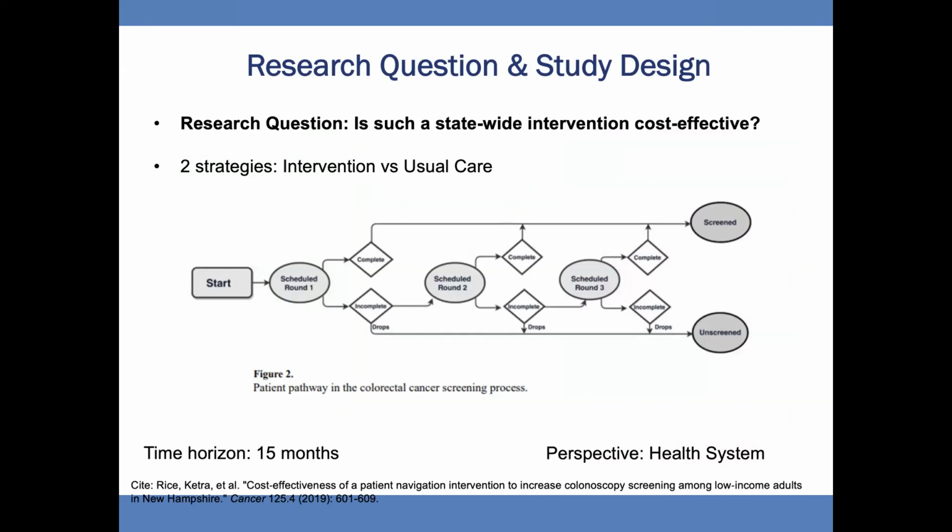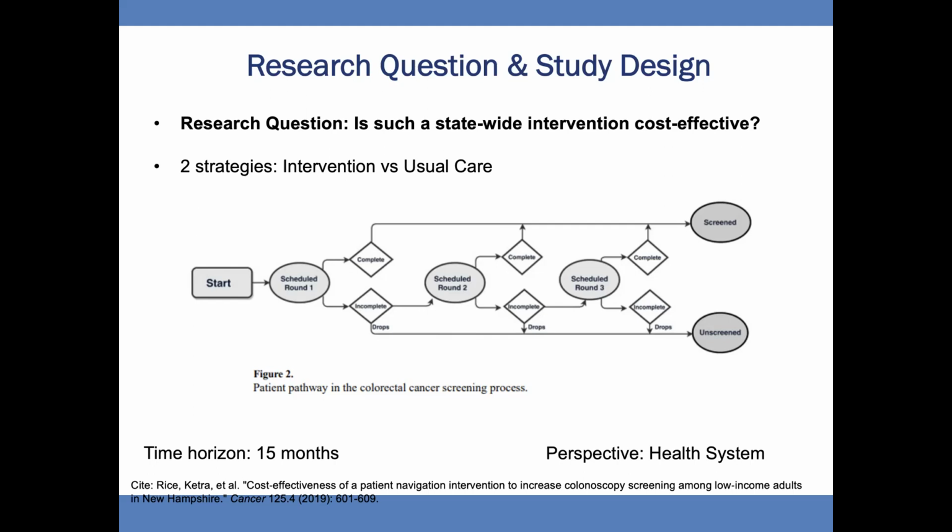What happened is that they basically tried up to three times. The patient had three opportunities to get engaged in this screening model, right? If the patient failed the first time and didn't get the screening, the nurse would help them reschedule the appointment for a second time.